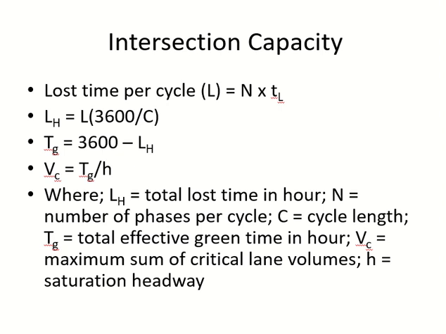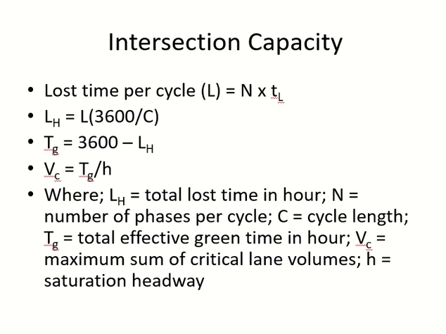Okay, the signal has more than one movement, right? So we need more than one phase. Let's say the number of phases is n. Every time we have a phase, we have a loss time of TL.